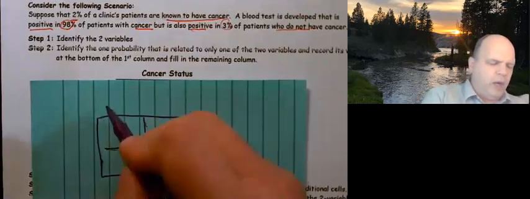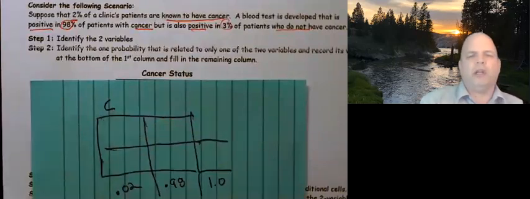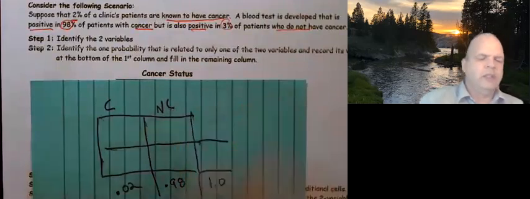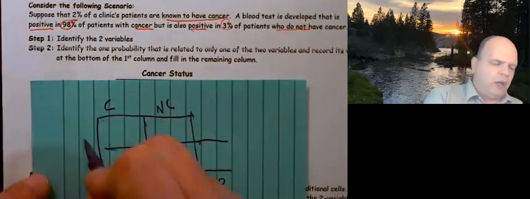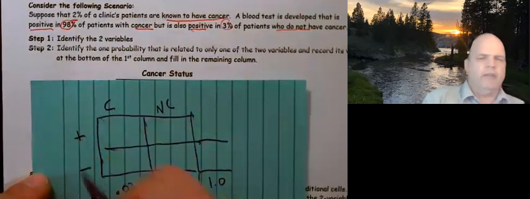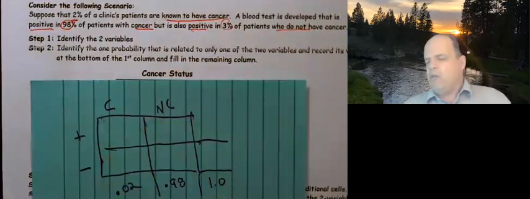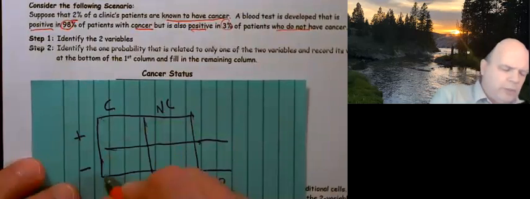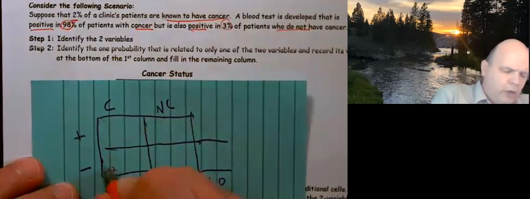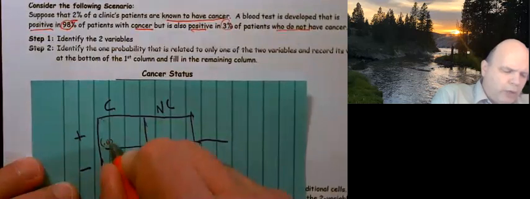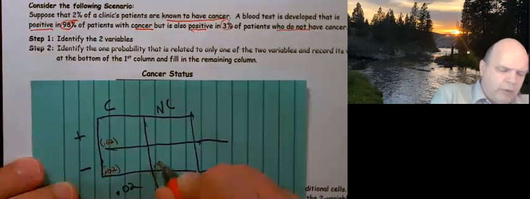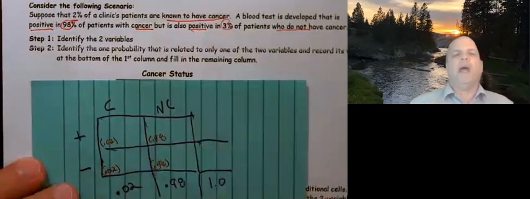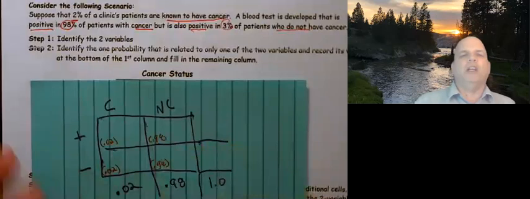Well, 2% had what? They had cancer, and I'm usually lazy and I try to abbreviate, so cancer and no cancer. And then we know we have tests that are positive and negative. Once I have that, I've done the hardest part of the table. I haven't done the work, but I've done the hardest part, because I'm just going to write 0.02 right here, 0.02 right here, 0.98 right here, and 0.98 right here. And then from that point on, I'm going to start filling in.